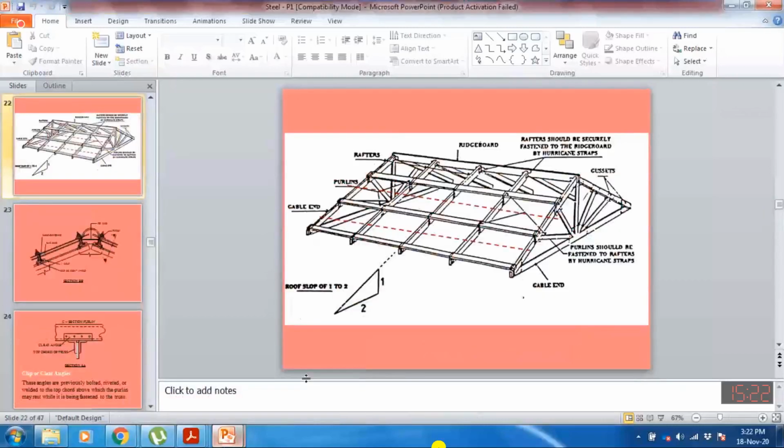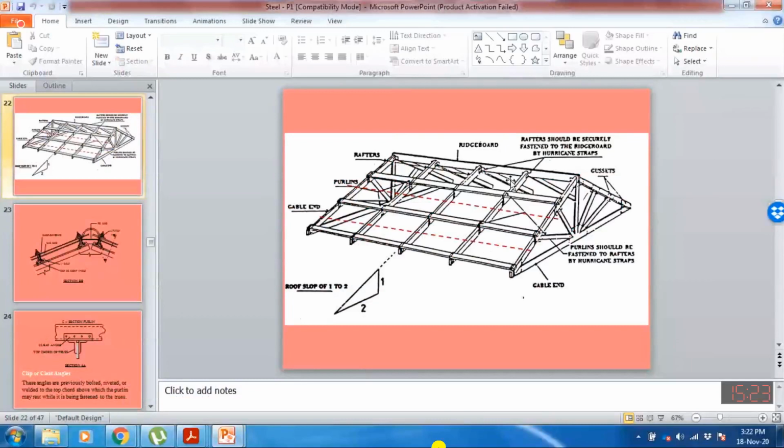Let's suppose that we are having this truss and we are also having this truss. So you assume that there are 1, 2, 3, 4, and 5 trusses. So this is the total inclined area between two trusses on one side.